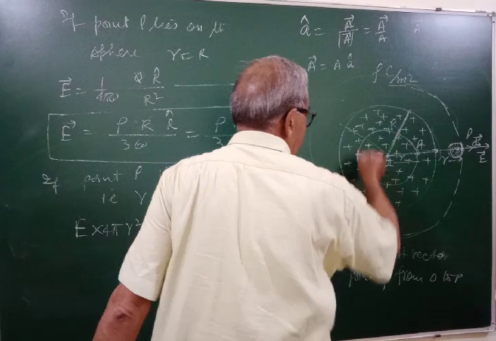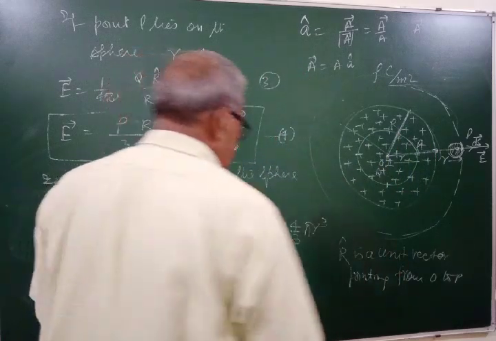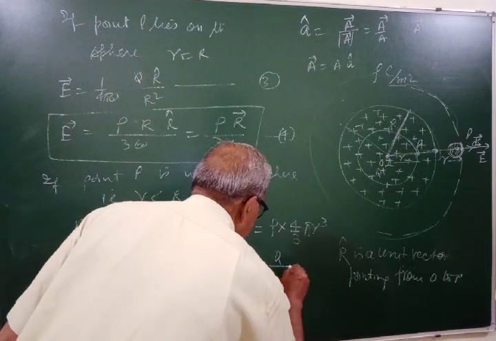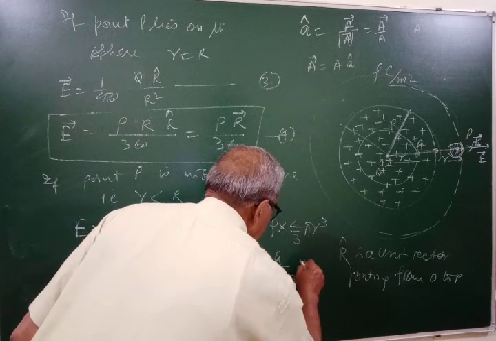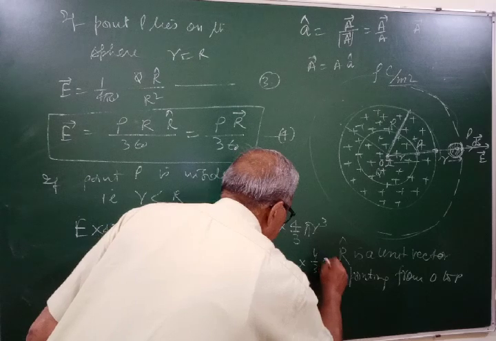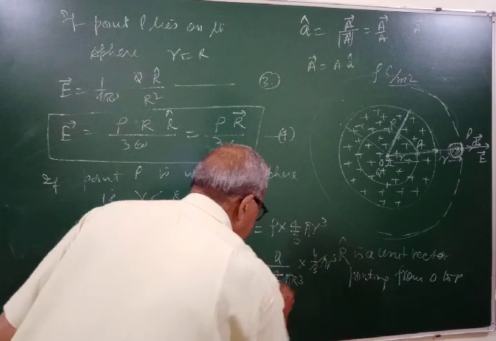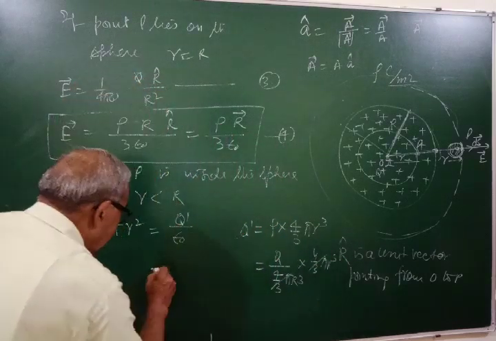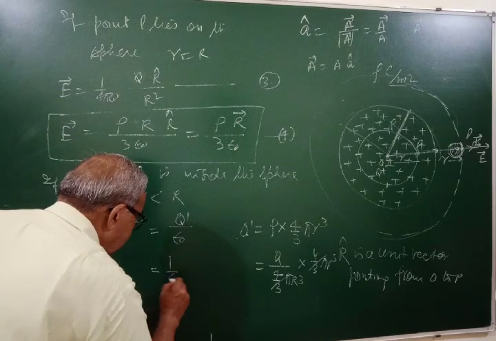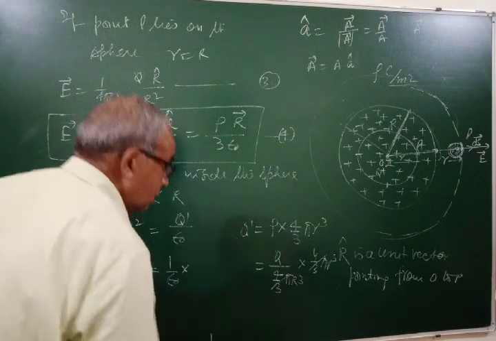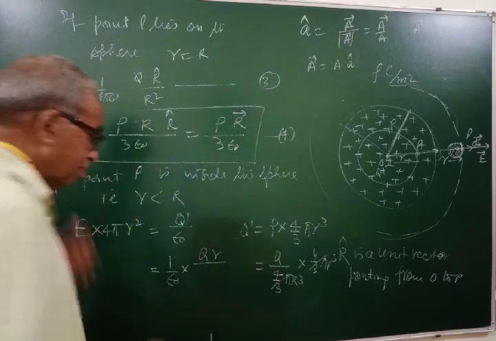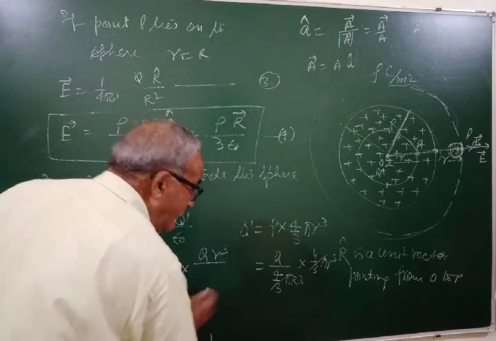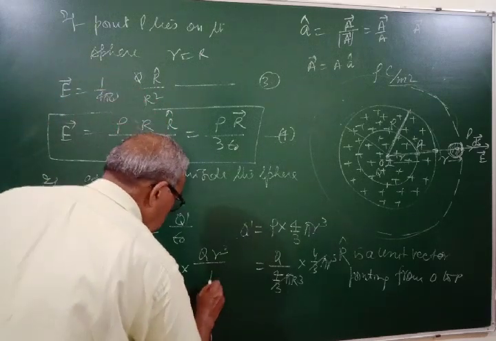So the volume of the sphere multiplied by charge density gives this. But rho is also Q upon 4 by 3 pi R cube, so Q dash is Q r cube upon R cube.